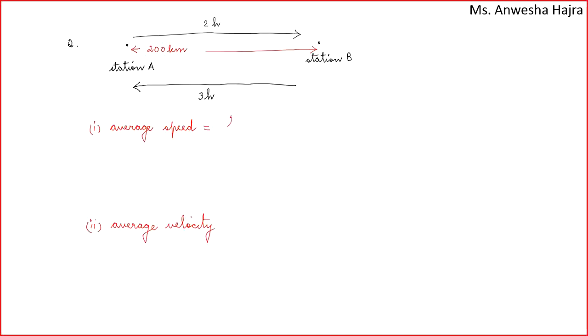Average speed is total distance covered divided by total time. What is average velocity?